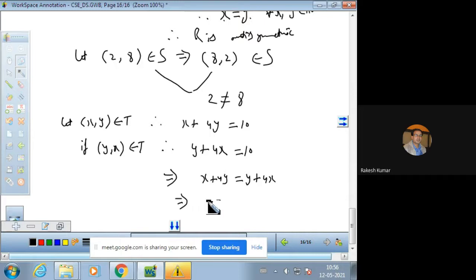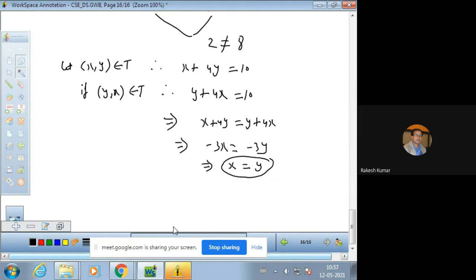So this gives that minus 3x is equal to minus 3y. It means x is equal to y. Both are equal, hence T is antisymmetric. Look, for antisymmetric it was that if (x, y) belongs to T and (y, x) belongs to T, then x should be equal to y. So T is an antisymmetric relation.